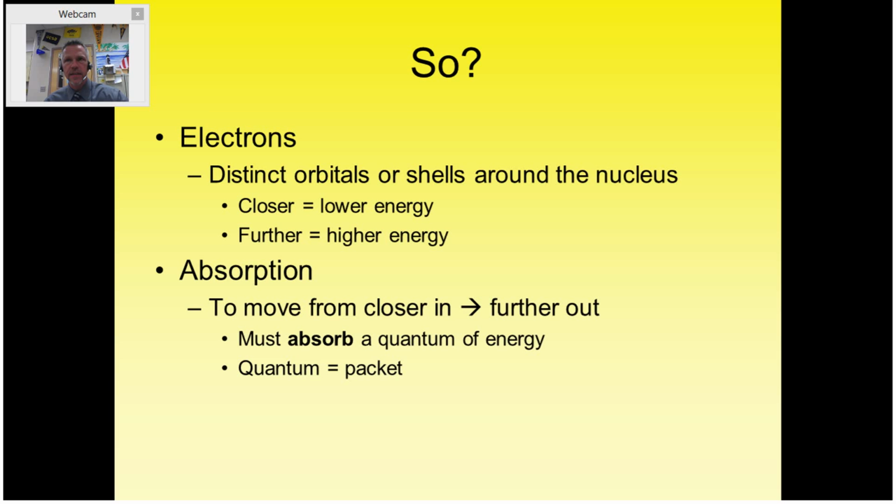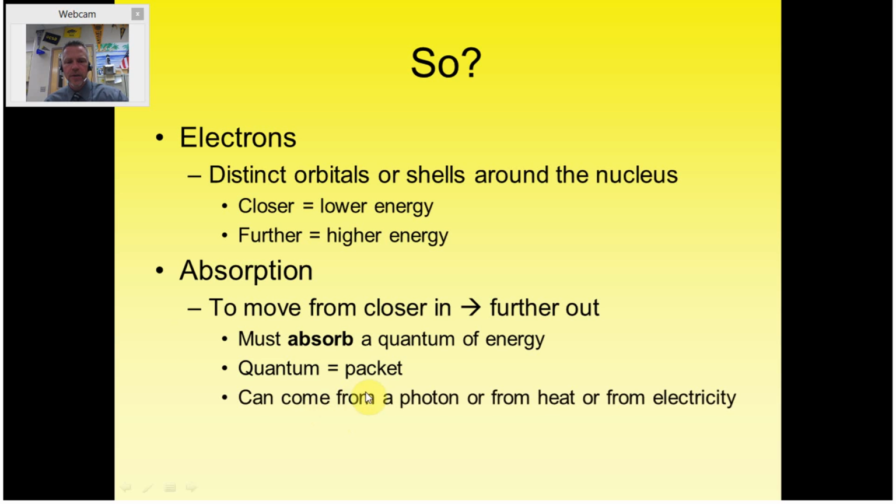There's a very discrete amount of energy that an electron can absorb to move from one orbital to another, and that's called a quantum. Quantum can be thought of like a packet or a set amount of energy. So you can't have any random amount. It's a very specific amount of energy that an electron can absorb to go from one orbital to the next outer orbital.